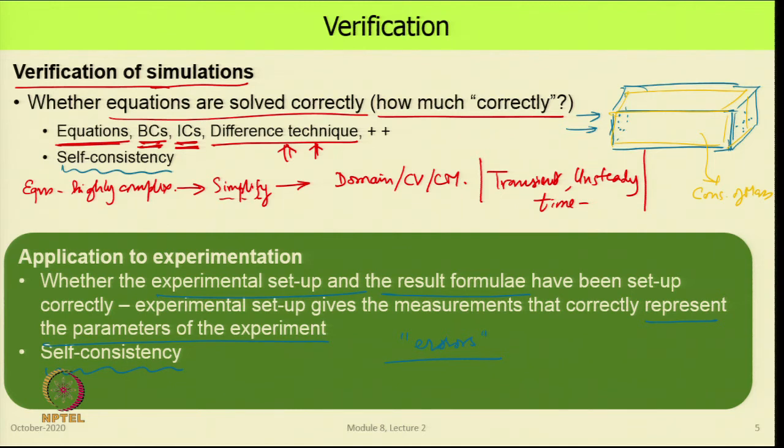So, there will be two cases. The numerical simulation will take all of this, solve it and give you how at the exit plane the velocity varies over the face of the channel. In the experimental case, we will get velocity at the same points or at different points from a measurement. And in both cases, we have no option but to make sure that the conservation of mass is satisfied.